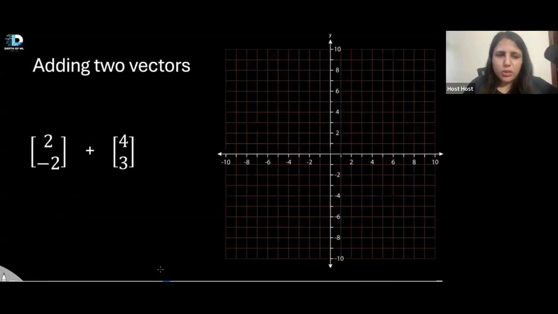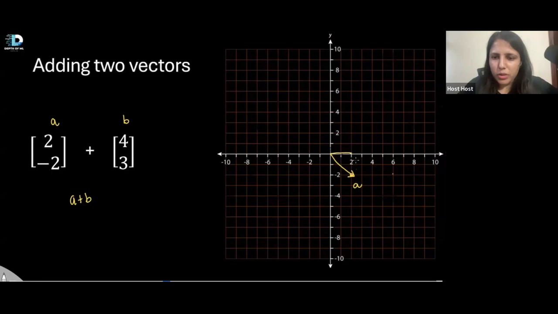Now, the same notion translates to 2D or 3D space as well. I will first draw these two vectors. I have (2, -2), so this is my vector A, and this is the B vector, and I have to do A plus B. From here, when I'm adding, I have to move 4 steps forward in the x-axis direction.